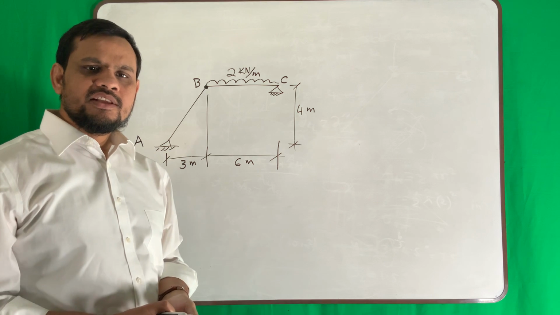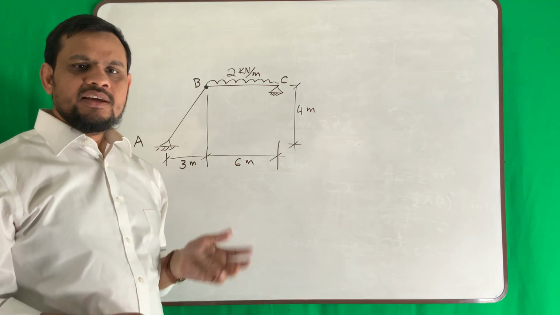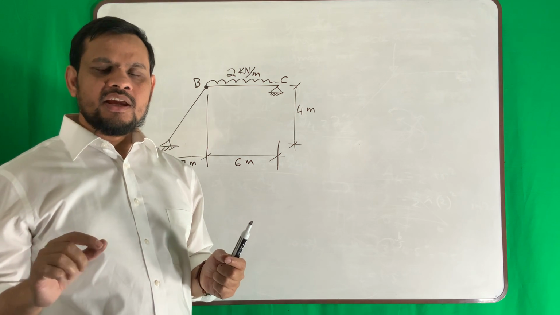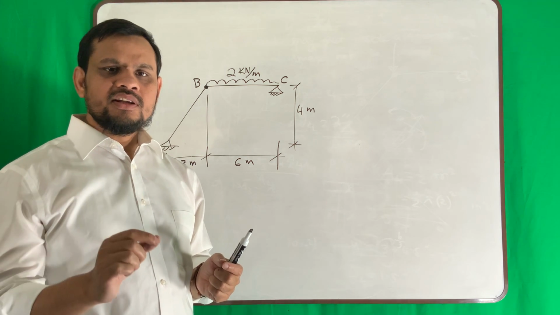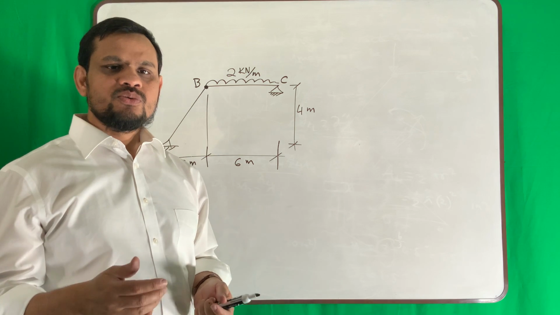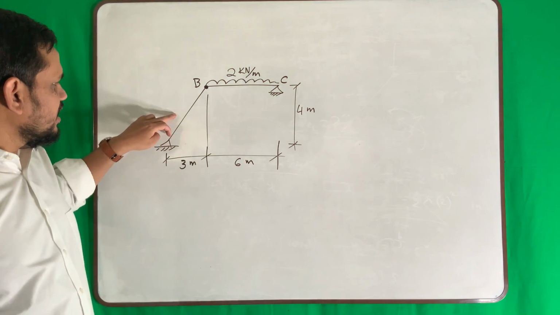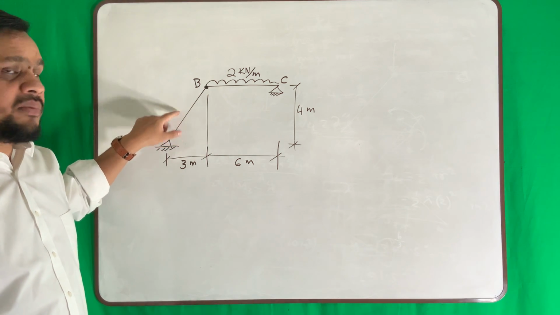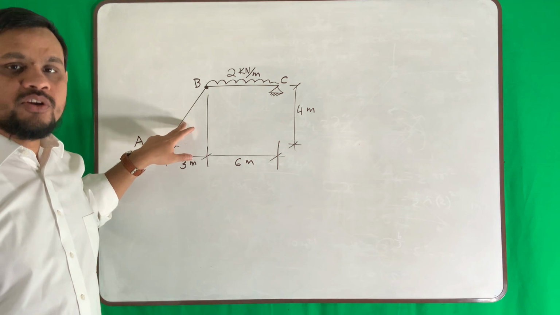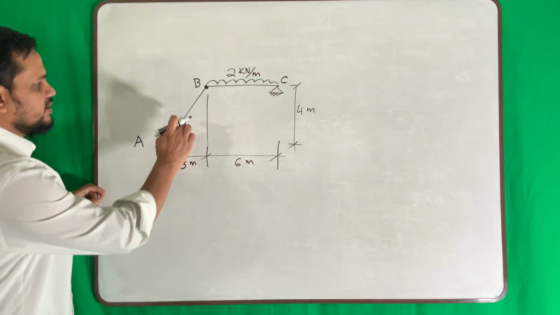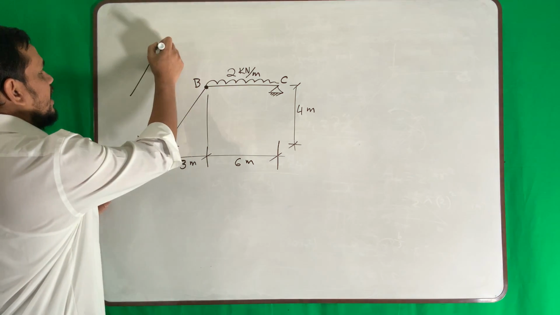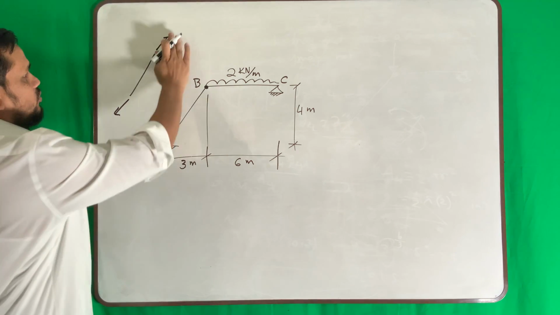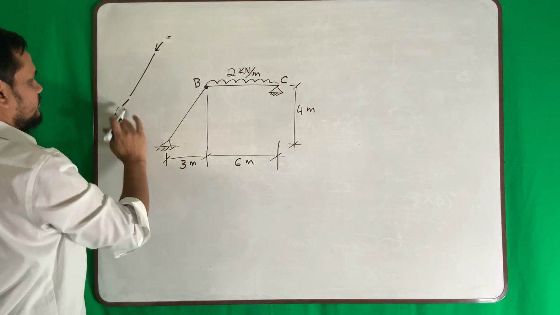Now something else from truss. In truss we knew that if my members are pin connected and no load in the joint, then that member is a two force member. You can see here, this is pin, no load inside member. So this member is a two force member. Two force member means the load in this joint is axial, either tension or compression.